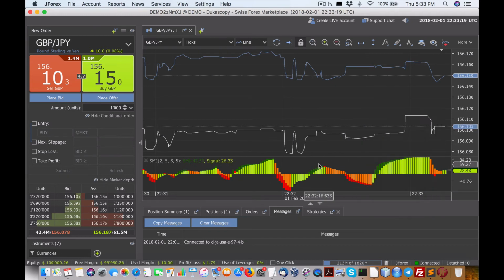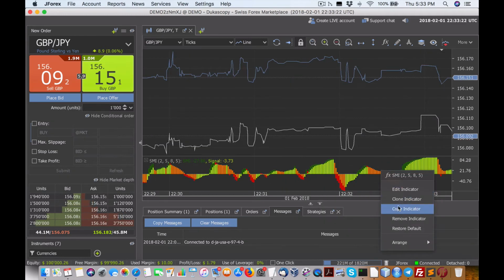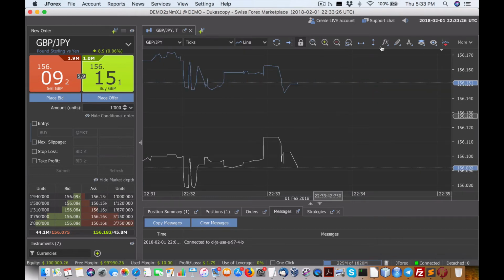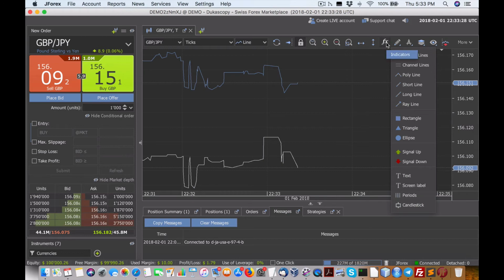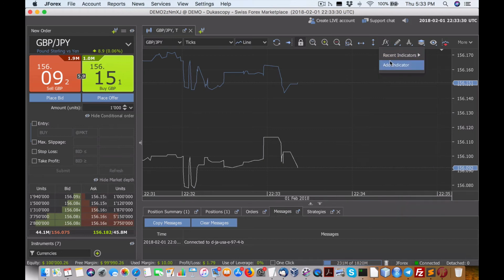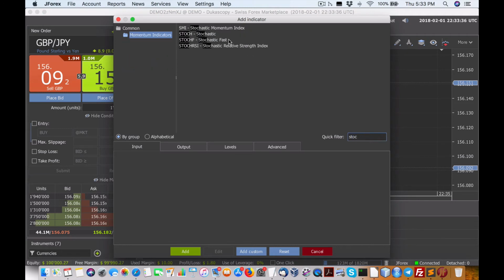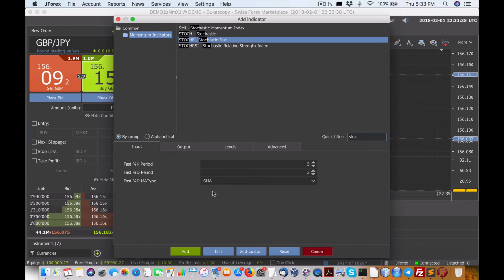Okay, so let's get rid of this guy. Okay, let's do it again. This time we'll use the indicator of stochastic. So we got this. So let's do a stochastic fast.